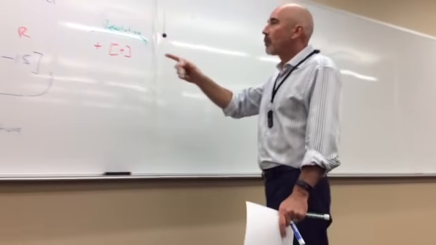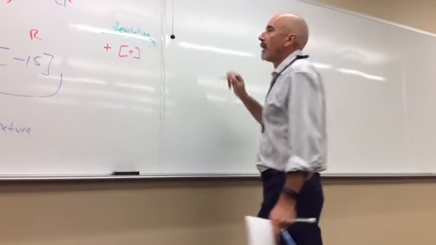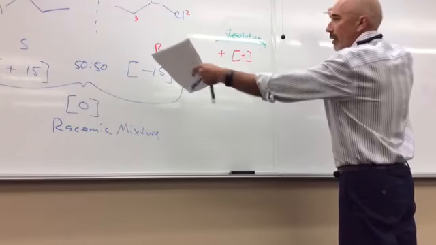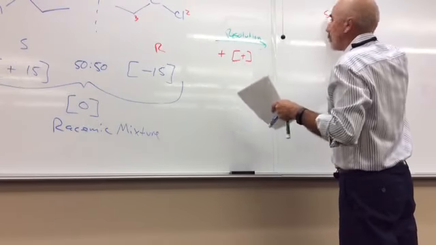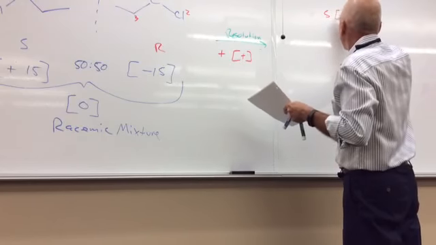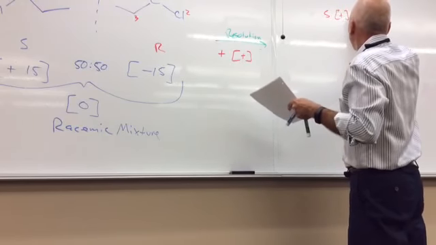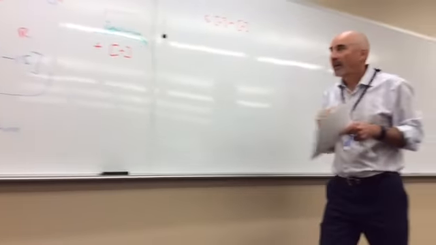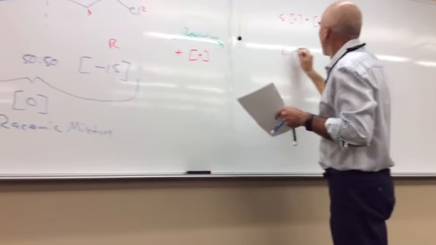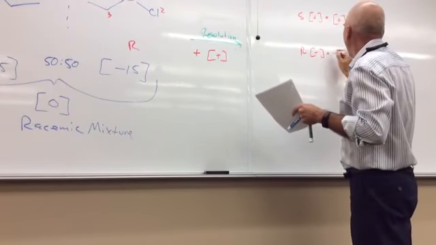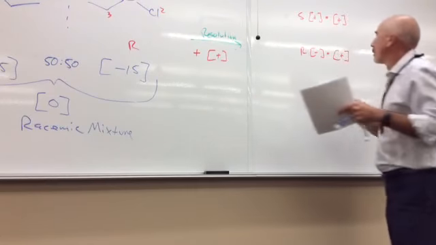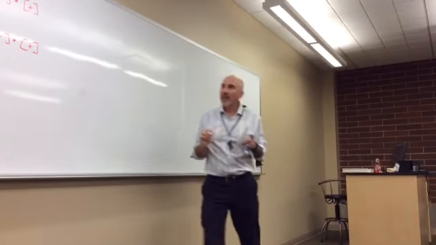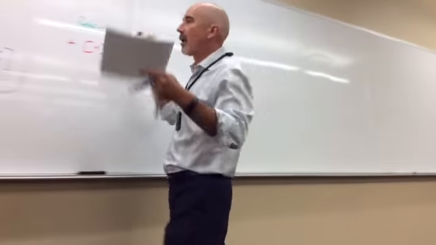So let's say I add a chemical reaction to this, and I'm not going to draw the molecules out, but I get S, which is plus, and then I've added on this other plus thing, and I get R that is minus, and I've added on this other plus thing. Okay? So this thing right here is something that's chiral.